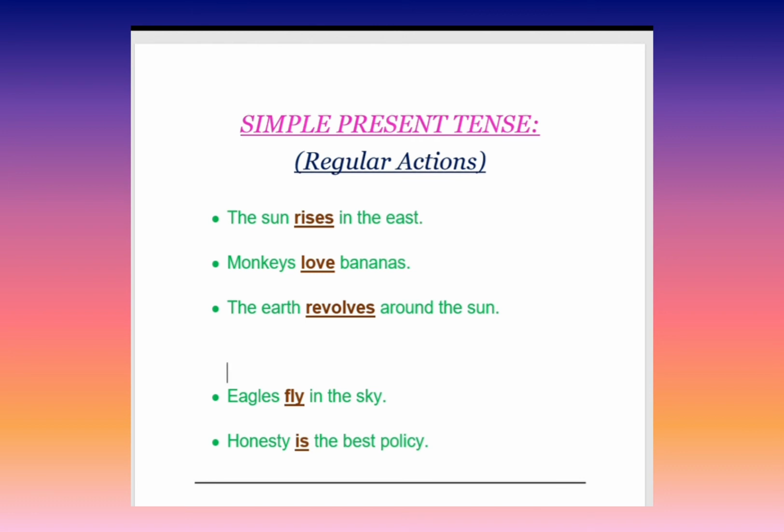Now see for these sentences, eagles fly in the sky. This is a habit of an eagle to fly in the sky. And then honesty is the best policy. So this is the general truth that honesty is the best policy.